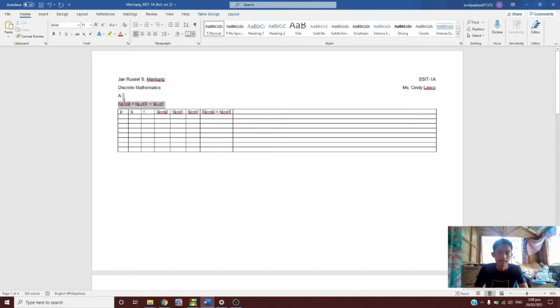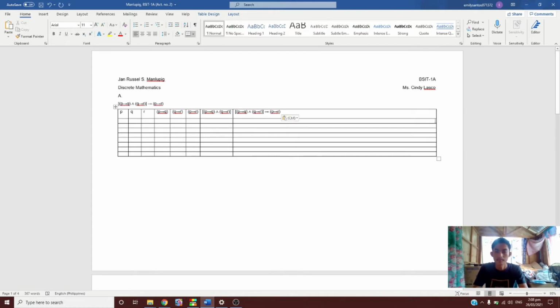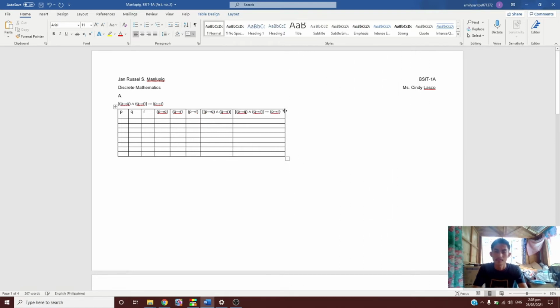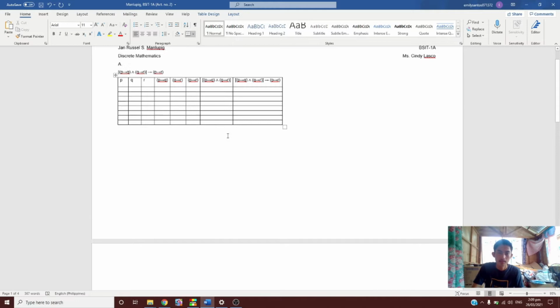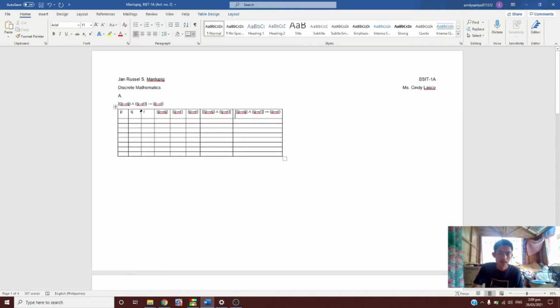So these are the 8 constant values, since I extracted the first tautology statement.